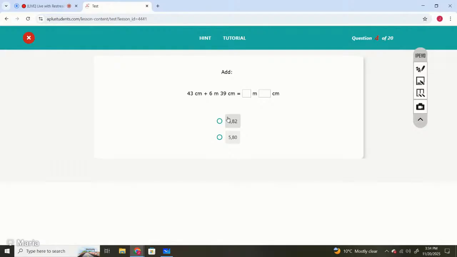43 centimeters and 6 meters 39 centimeters. So which is the correct option?